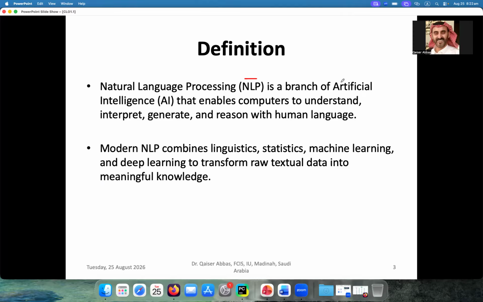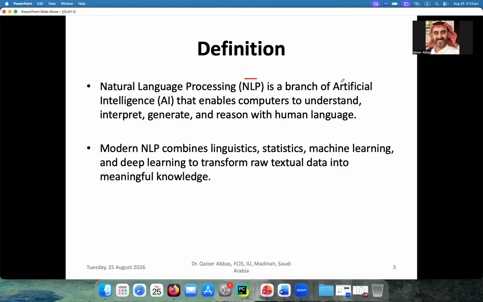Later on, people came up with the idea of machine learning. Initially machine learning was part of NLP, but later on, as knowledge increased, machine learning became a branch of NLP. And later on, deep learning came, and deep learning also became a branch of NLP.